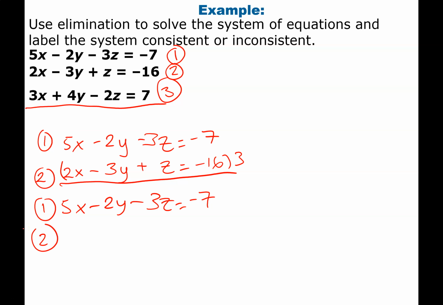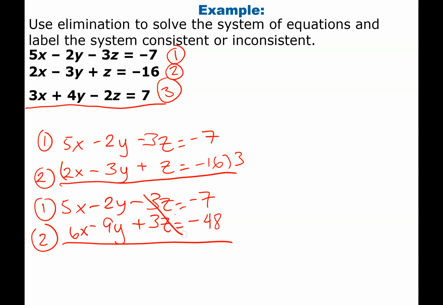Getting your crustiest of dustiest calculator, this would give you 6x minus 9y plus 3z is equal to negative 48.